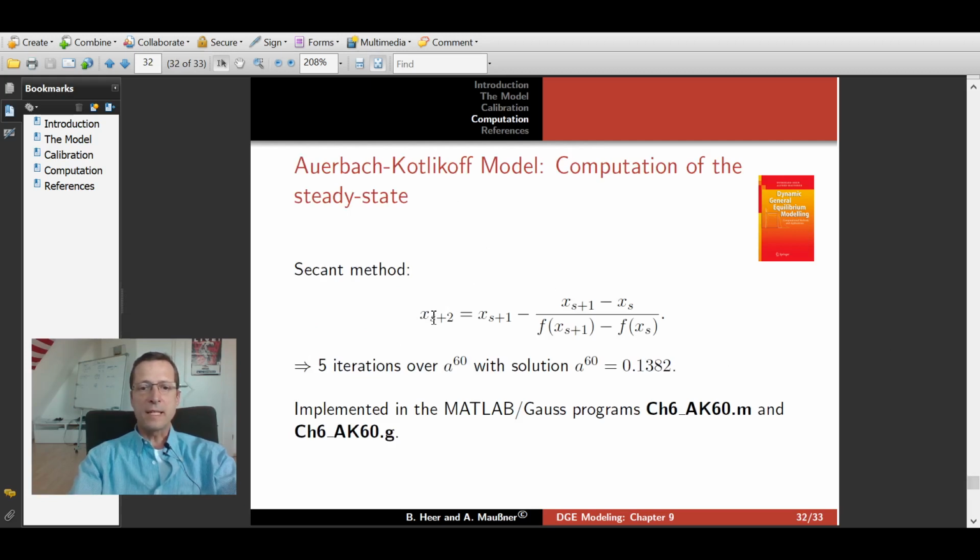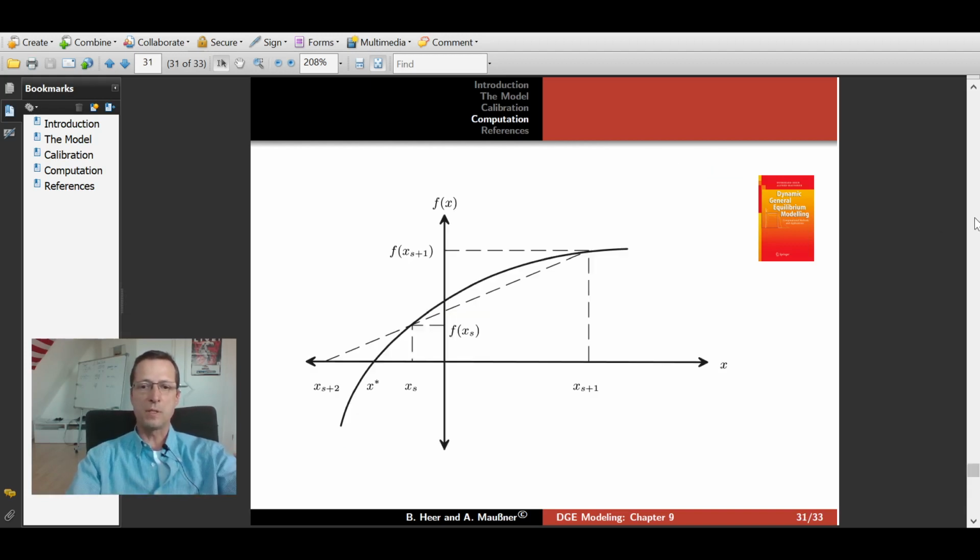So the next guess in our secant method is the previous estimate minus XS plus 1 minus XS over the difference f of XS plus 1 minus f of XS. And this, of course, here you notice is just the reciprocal of an estimate of the derivative at this point here.